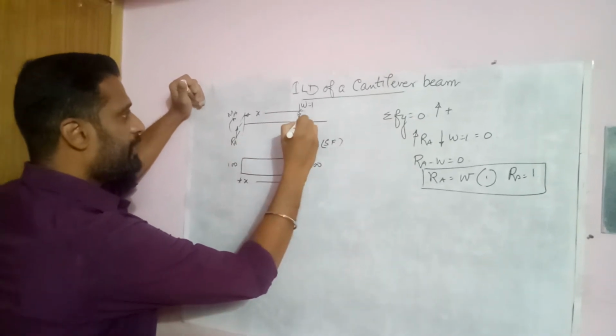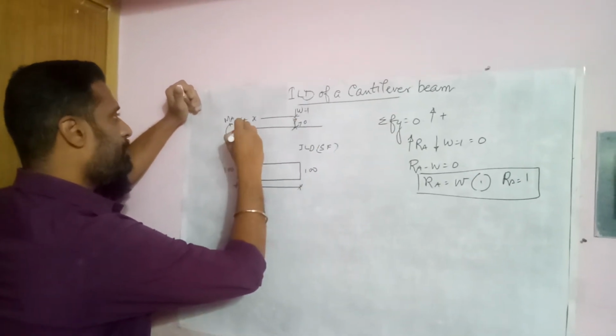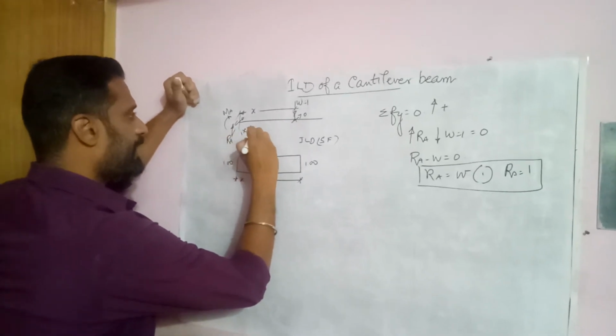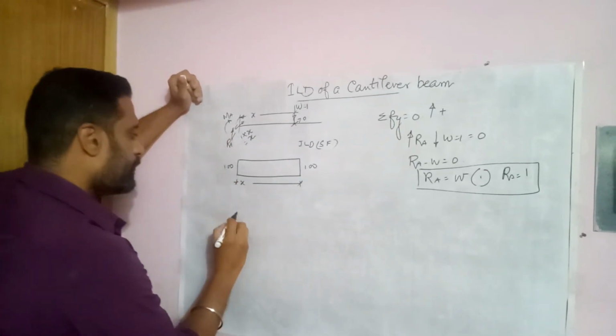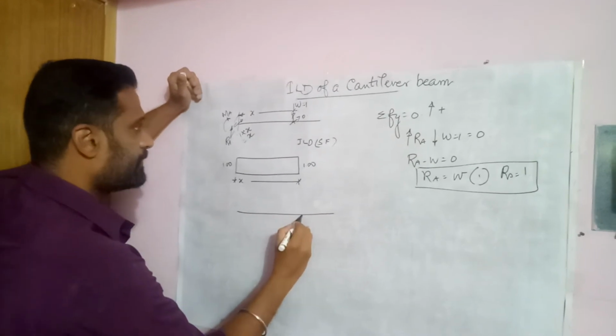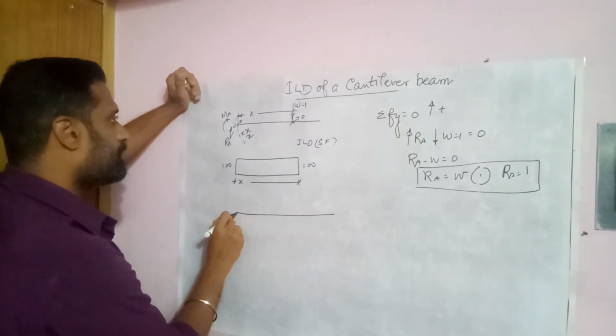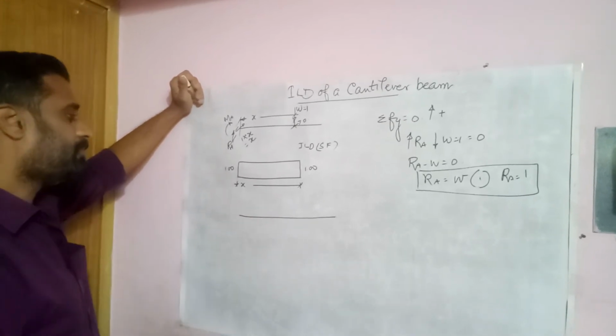So the bending moment at this point is obviously 0, and then bending moment is load into distance, so 1 into x, which is x distance. So the bending moment at this point will be 0 and here it's 1 into x.